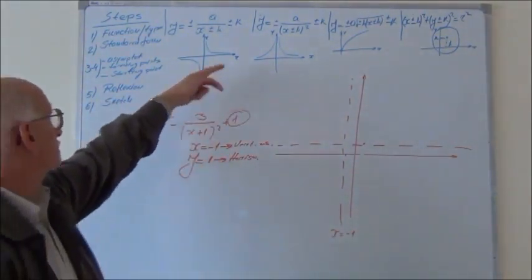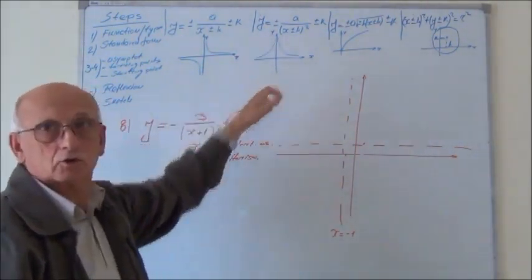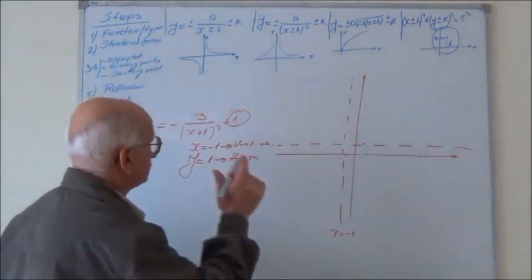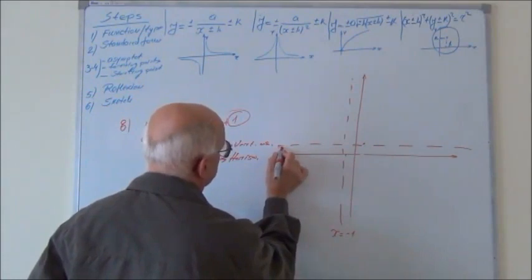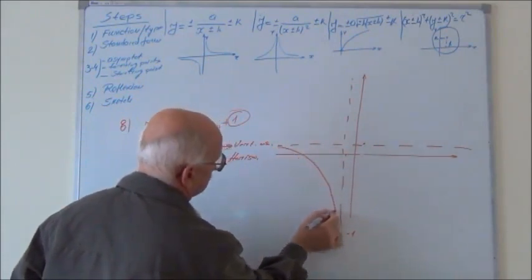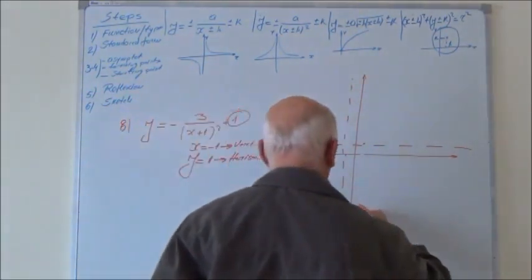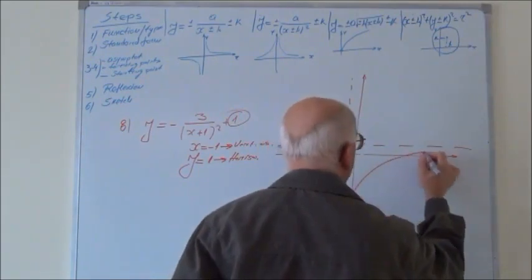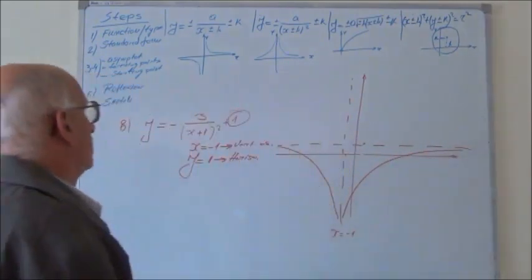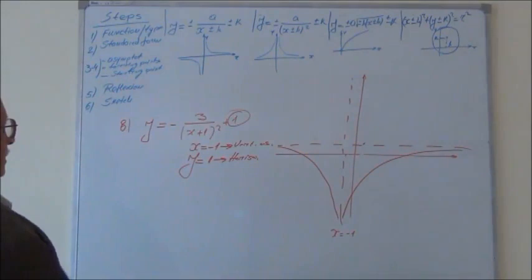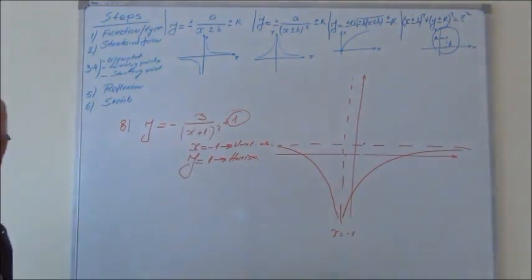It is telling us that this graph is actually reflected. And we have this truncus.